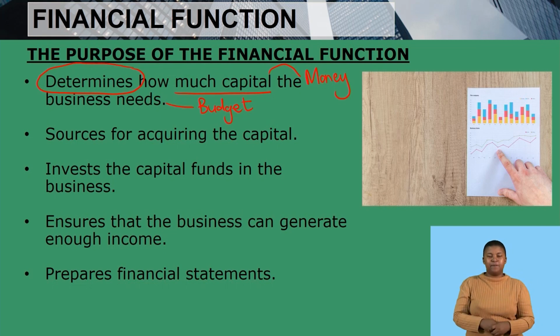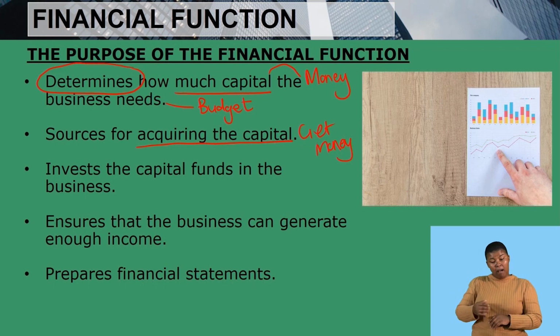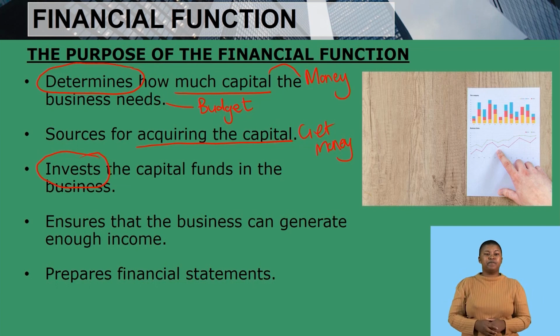Then they will be responsible for acquiring this capital. So they will need to get us some money so we can run the business on a day-to-day basis. If there is any extra capital in the business, they will then invest this money for us, and they will also help the management strategize.